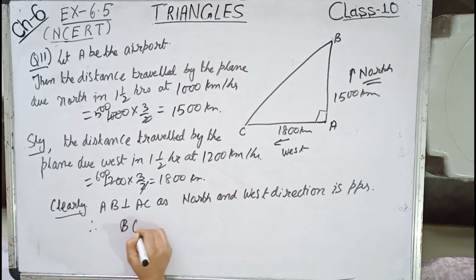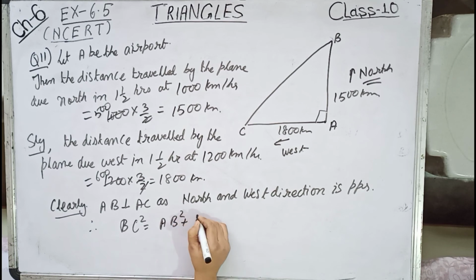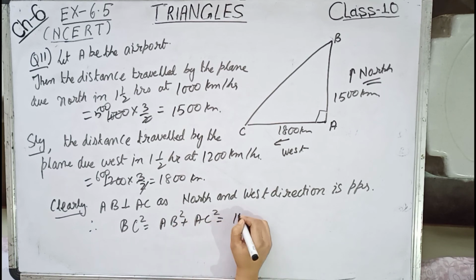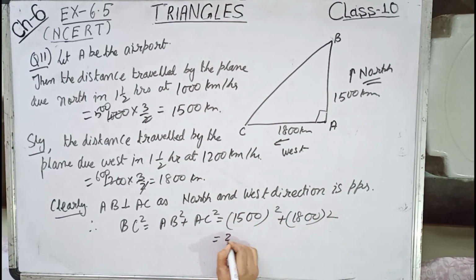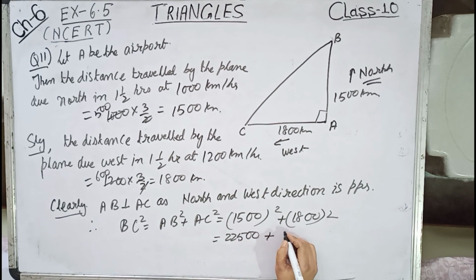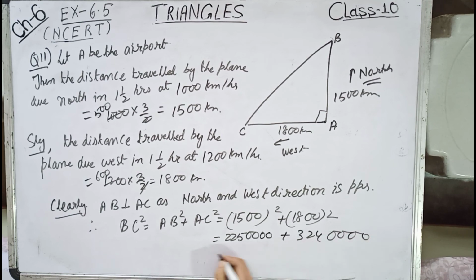Therefore BC square equals AB square plus AC square equals 1500 square plus 1800 square. Now 15 squared is 225 and 18 squared is 324, so this will be 3240000 plus 2250000, which equals 5490000.